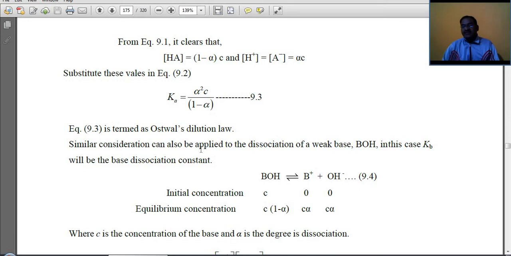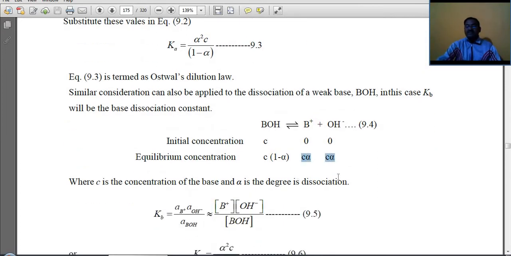Similarly, we consider a weak base BOH. It dissociates to form B plus and OH minus according to the Arrhenius theory. The substance which dissociates to give OH minus is called what? Base. Initial concentration of BOH is C. At equilibrium, the concentration of BOH is C into 1 minus alpha.